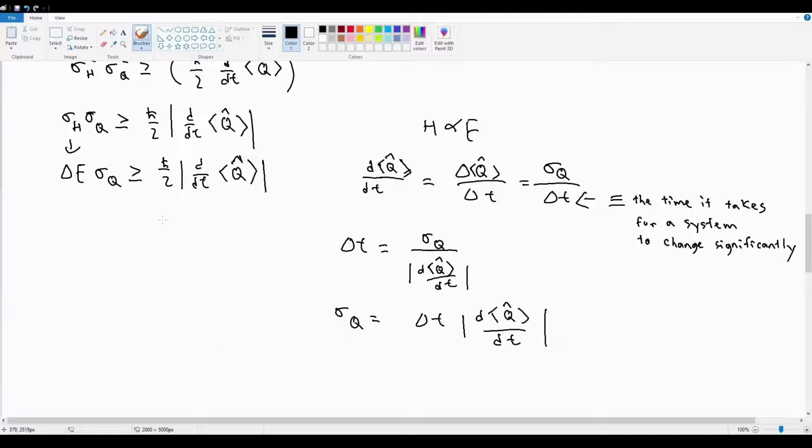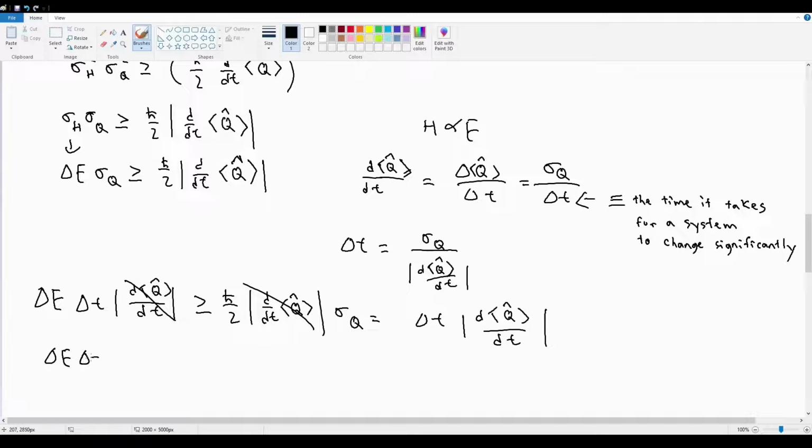So delta E times sigma Q is going to be turned into delta t times the magnitude of d expectation value of q hat over dt. And this is greater than or equal to h bar over 2 times the magnitude of d by dt of the expectation of q hat. So in that case, these two terms cancel. We are just left with delta E delta t is greater than or equal to h bar over 2.